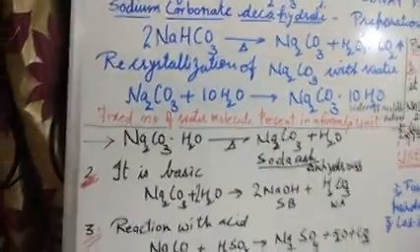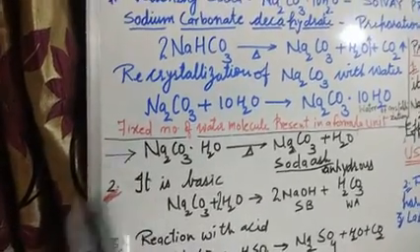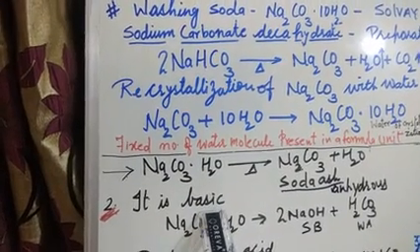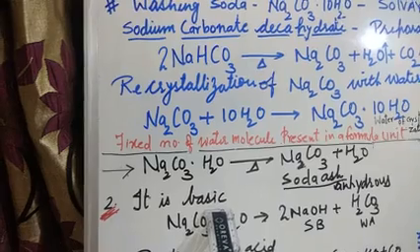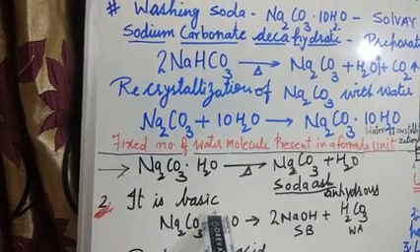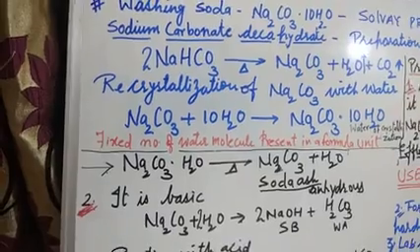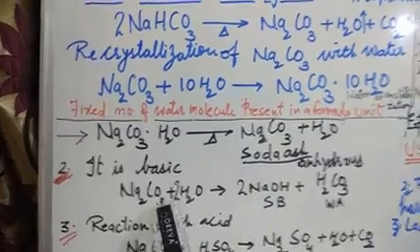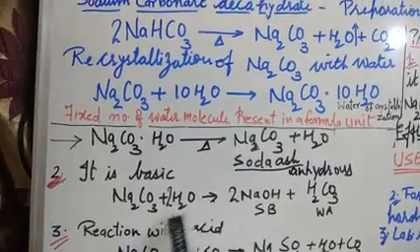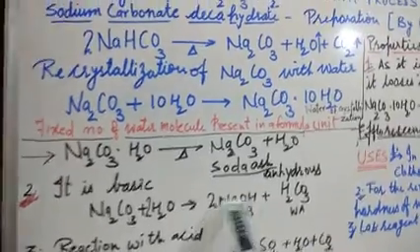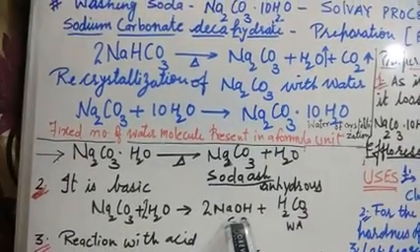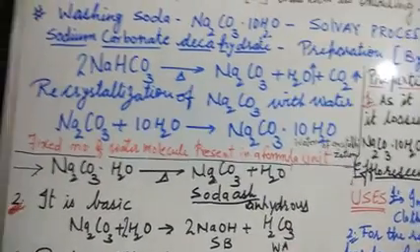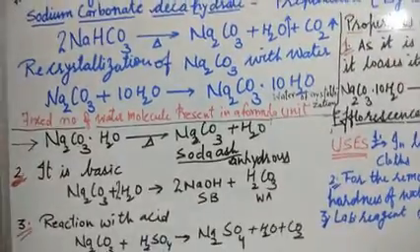Okay. Now the next property we are taking is that it is basic in nature. How can we say that this washing soda is basic in nature? If we want to test the nature of any substance, we dissolve it in water. As this Na2CO3 is dissolved in water, it forms NaOH. Here I have written the balanced equation, students, you can see to it. NaOH and H2CO3. NaOH, if you remember students, is a strong base, and H2CO3 we call carbonic acid.